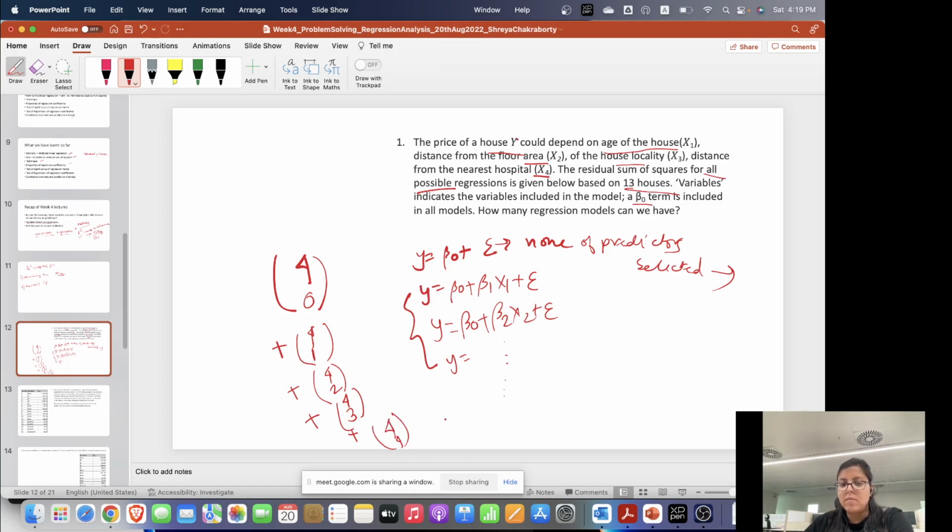So if you just sum this up, it comes to 2 to the power 4, that is 16 equations we would have. That is the total number of possible regression equations or models. Any doubt here why it's 2 to the power 4?